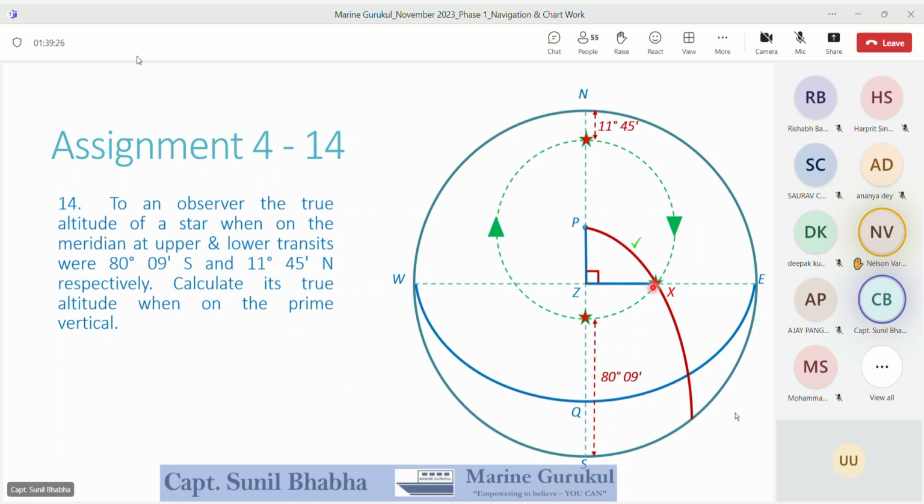In all these rational horizon diagrams, we consider that the declination of the body is not changing, unless the question specifically says that it has changed by this amount. Okay, that clears your doubt? Yes, sir. Okay, all right.